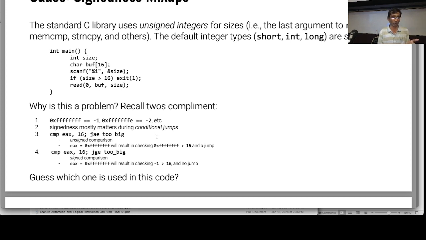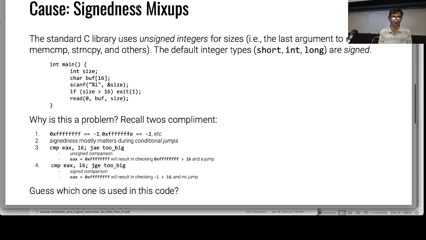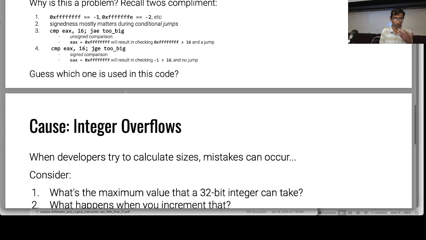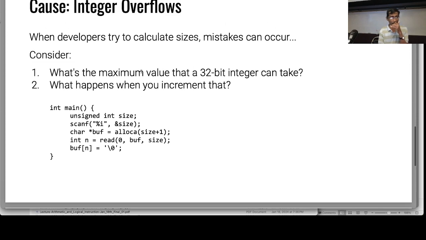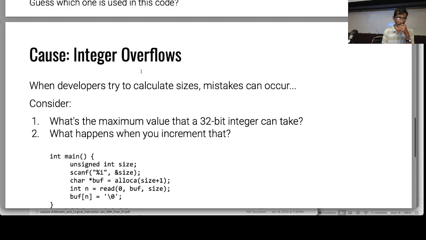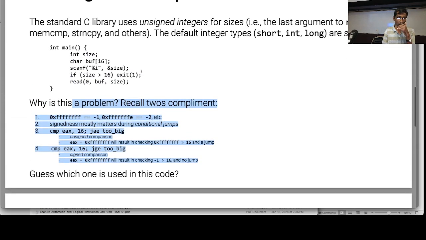This mixing up of the signedness in the integer handling of the variable, like the int here, and the inherent int used by the C library function would create the mix up and cause this uncontrolled transfer of the flow here. The same thing applies for the integer overflow. So you may think that it's an unsigned integer, but inherently this is a signed integer.